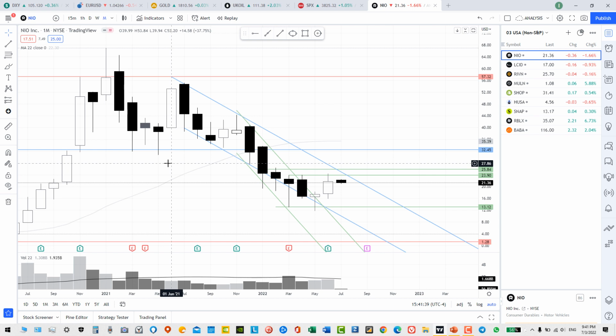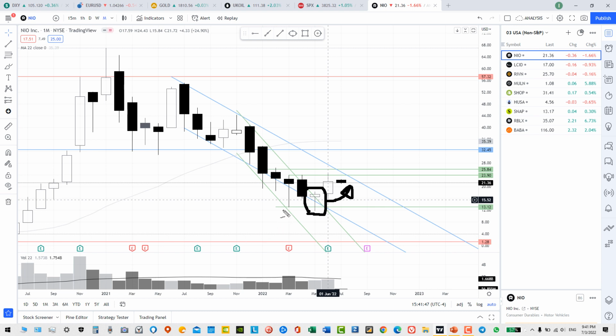So, as we can see over the monthly chart, we did have a kind of hanging man, which is going to relatively push the stock a little bit more to the upside.